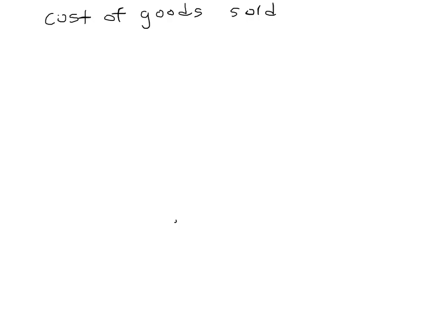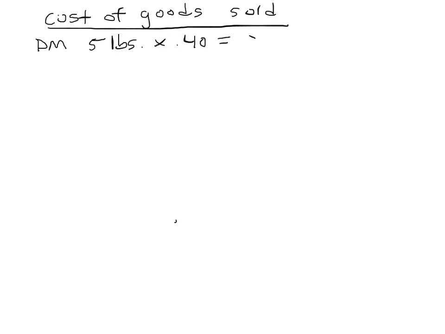So the cost of goods sold is made up of direct materials, direct labor, and overhead. So our direct materials, for each unit, it takes 5 pounds, and we know that the cost is 40 cents a pound. So that's $2.